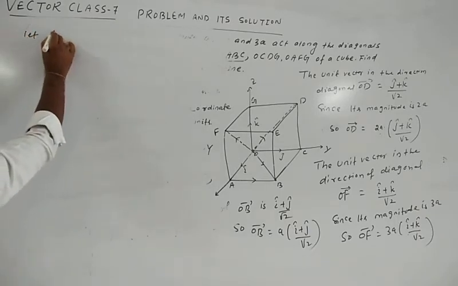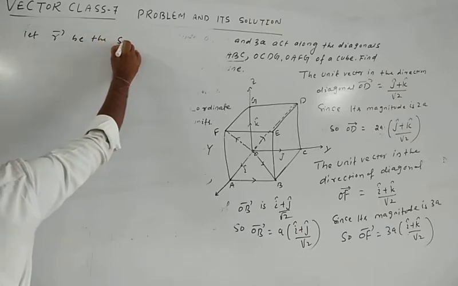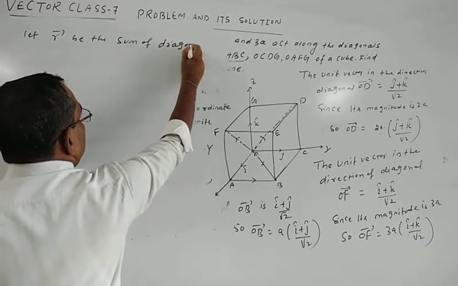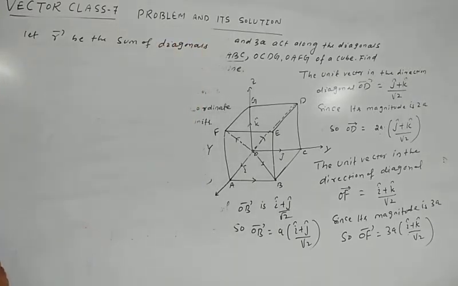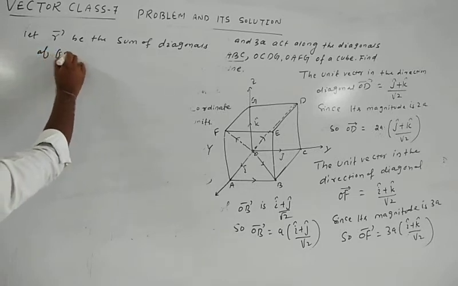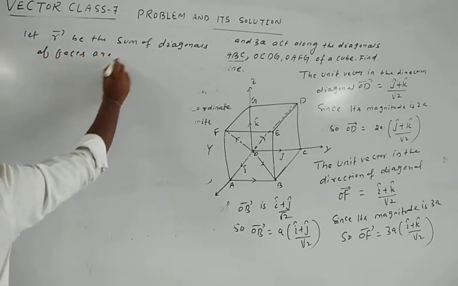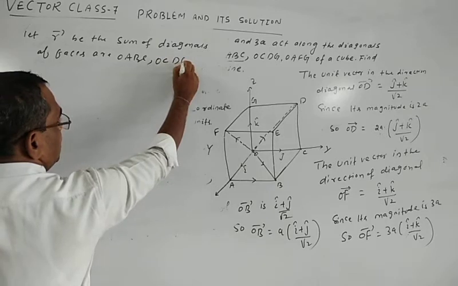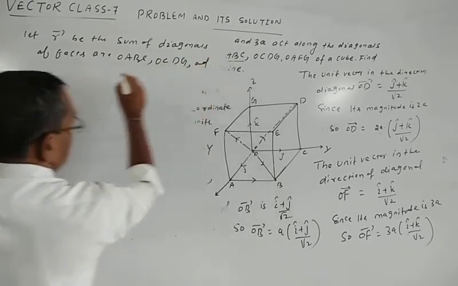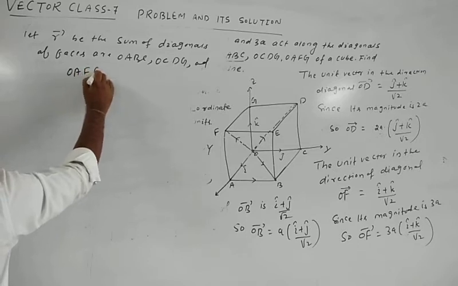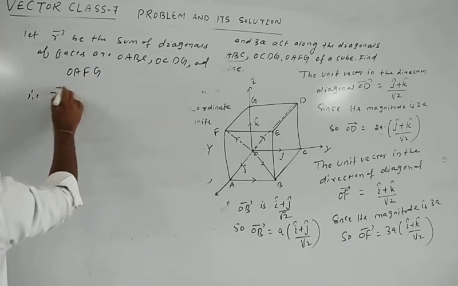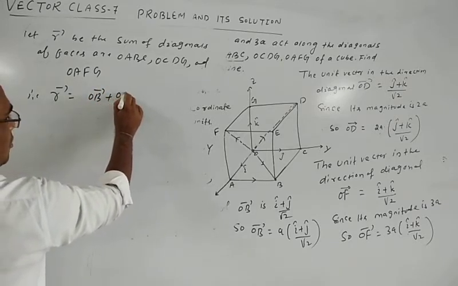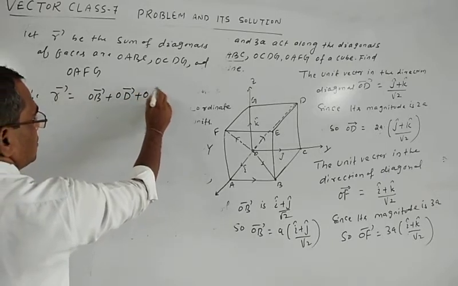Let R vector be the sum of the diagonal vectors of the faces OABC, OCDG and OAFG. That is, R vector is equal to OB vector plus OD vector plus OF vector.